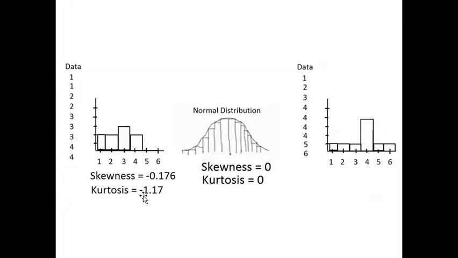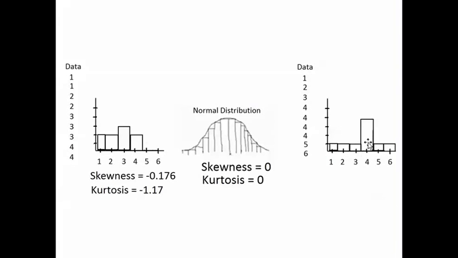It has a kurtosis of negative 1.17, which is below negative 1, which means it does have a considerable negative kurtosis. But the skewness value is really close to 0, so it has almost no skewness at all, and that makes sense because it's peaking right at the center, or at least close to the center, so it doesn't have very much skewness.